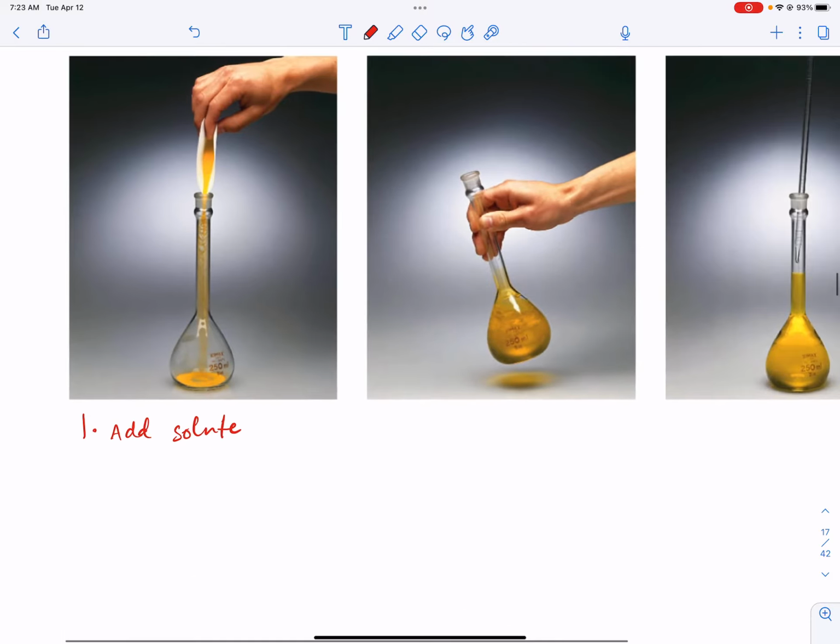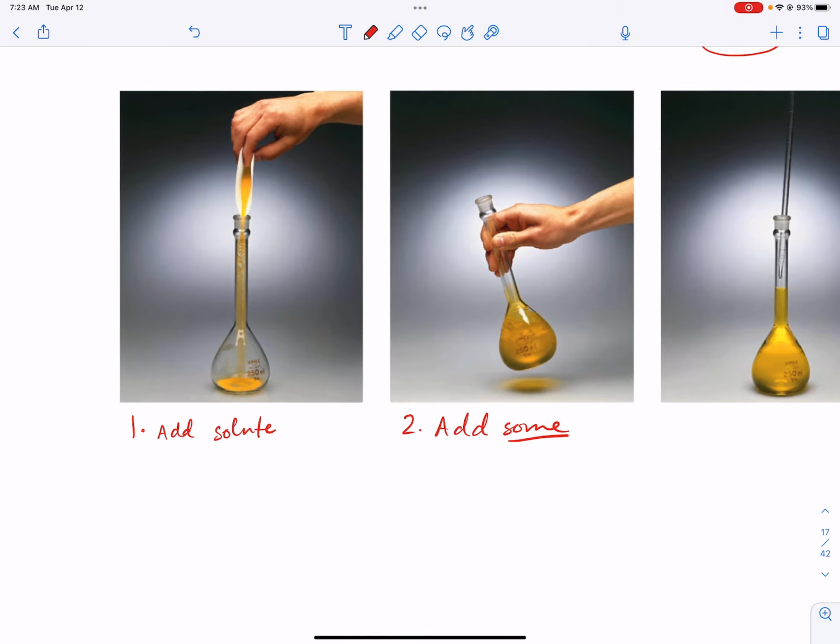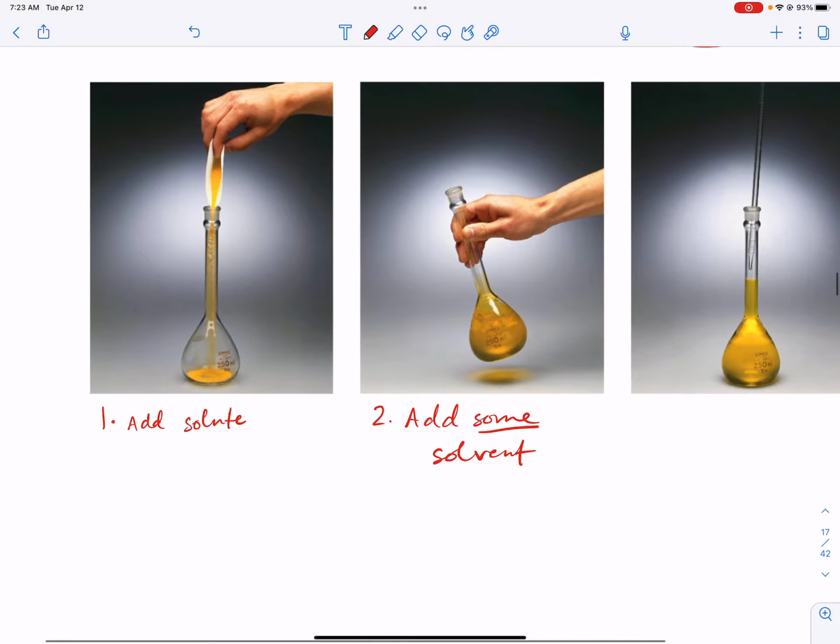And the next step after you add your solute, step 2, is to add some solvent. Okay, we don't add all of our solvent. Why? Because if we add all of our solvent before this solute, this yellow powder, has dissolved, we would end up with a solution that was not the right concentration.